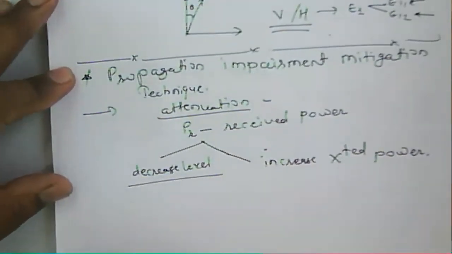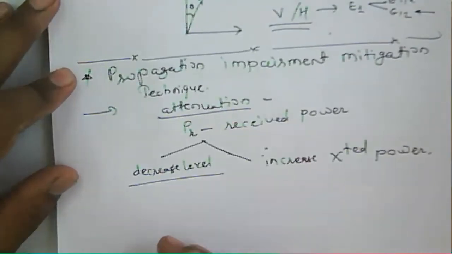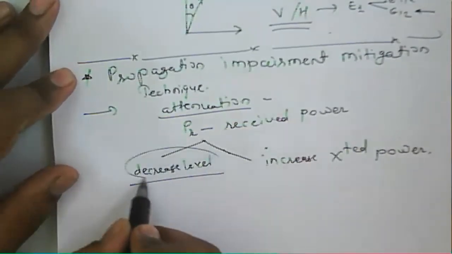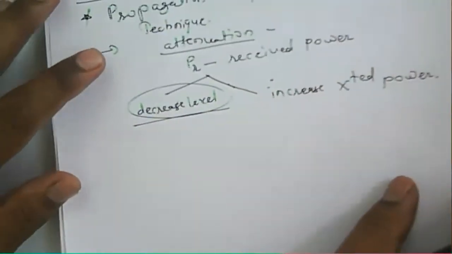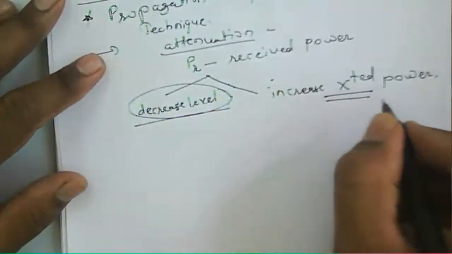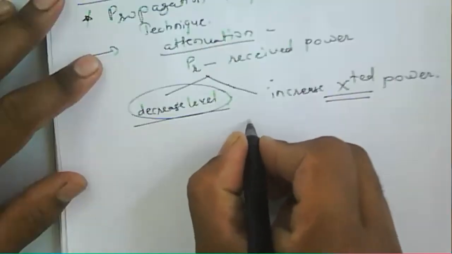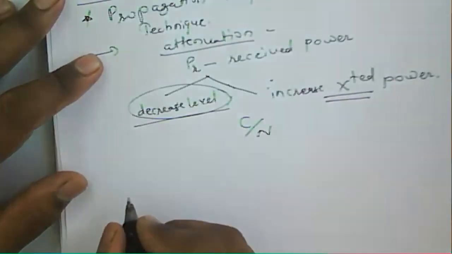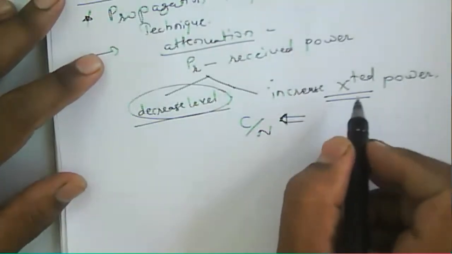Now if we decrease the reception power level, then what will happen? Your signal degrades and we are not able to receive the correct value of the signal. The original signal will not be received. So another way is to increase the transmitted power so that we get the expected carrier to noise ratio at the receiver using this method.